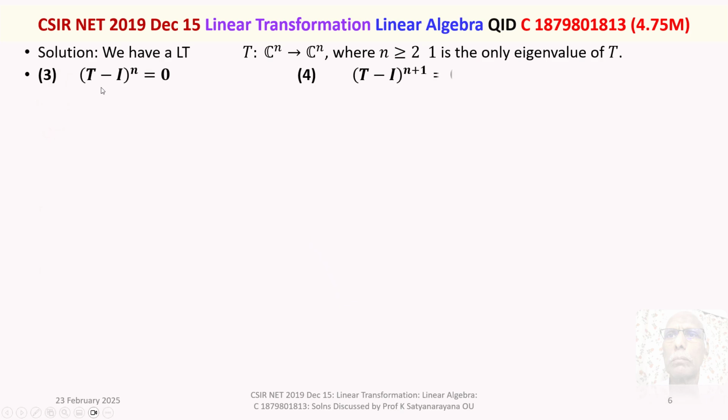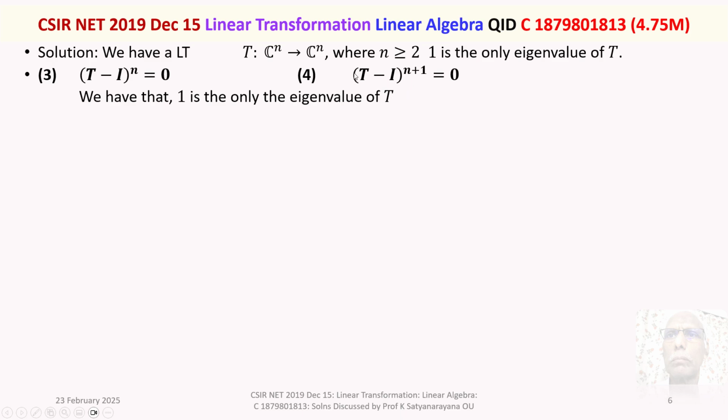Option 3, T minus I to the power of n is equal to the 0 matrix. Option 4, T minus I to the power of n plus 1 is a 0 matrix. And we have that 1 is the only eigenvalue of T. Consider T minus I. What are the eigenvalues of T minus I?